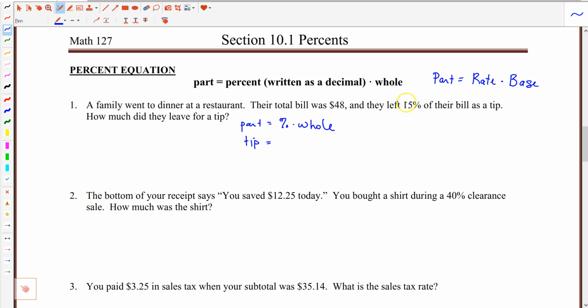The percent that they're going to leave behind is 15%, and they're going to leave behind 15% of $48. So 48 is going to be my whole. So if we go ahead and calculate that, we get that the tip then is going to be 7.2. And recognizing that the tip is money, this is not an appropriate way to talk about money. So then ultimately we would say that this is going to be $7.20. So we'll take it out to 2 decimal places, and then we should have units on our answer.